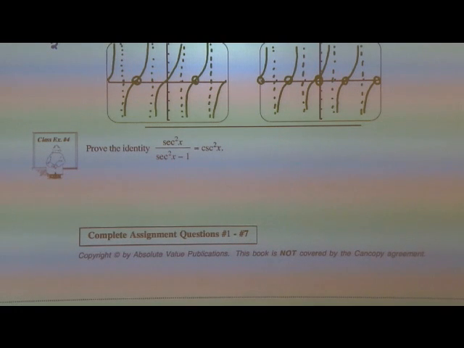So last example. Secant squared x over secant squared x minus 1 equals cosecant squared x. Any thoughts of where to start?